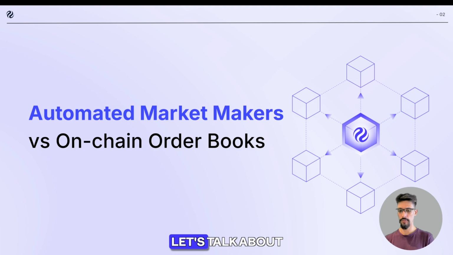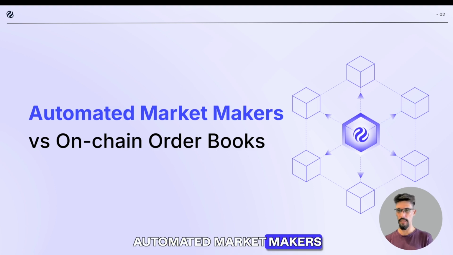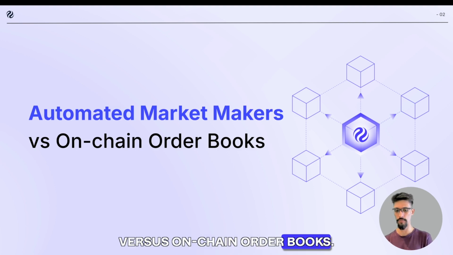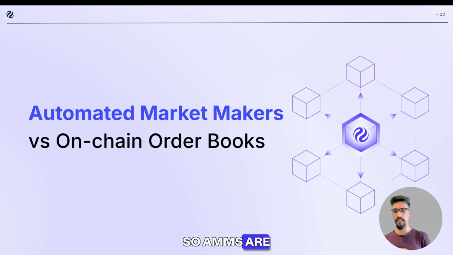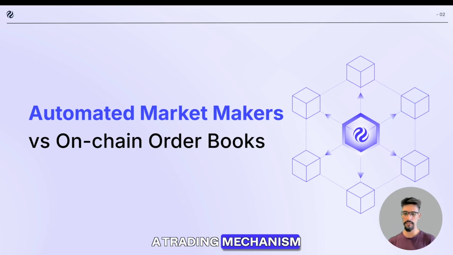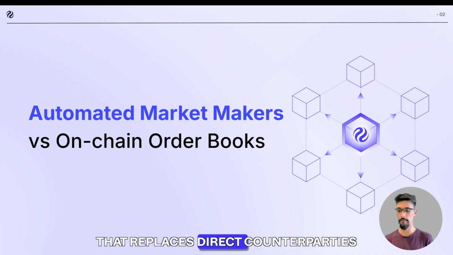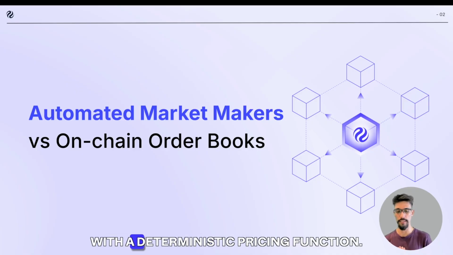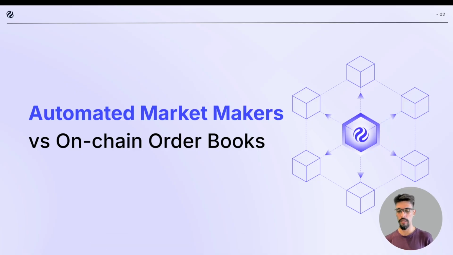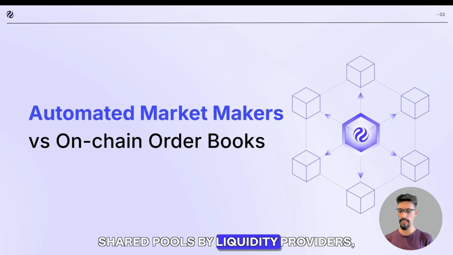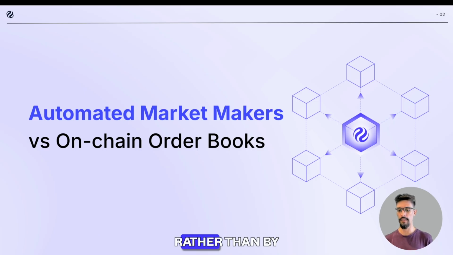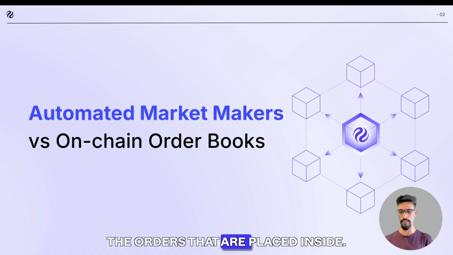All right, let's talk about automated market makers versus on-chain order books, and starting with the first one, AMMs. So AMMs are a trading mechanism that replaces direct counterparties with a deterministic pricing function. So liquidity is supplied into shared pools by liquidity providers rather than by the limit orders, the orders that are placed inside.